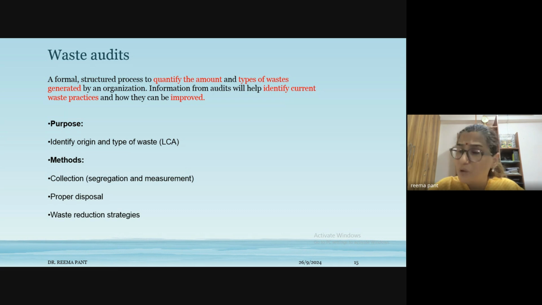So now waste audits are also very structured processes. So it quantifies the amount, the type of waste generated, and how you are disposing it of. And if it is not being disposed of properly, then what could be the possible methods of disposing it of correctly? So then what do we do is, the purpose is basically to identify the origin and type of waste. So we do an entire life cycle analysis of all things that come inside us. So whether it's a computer coming or books coming or food coming, whatever comes to the organization stays there.